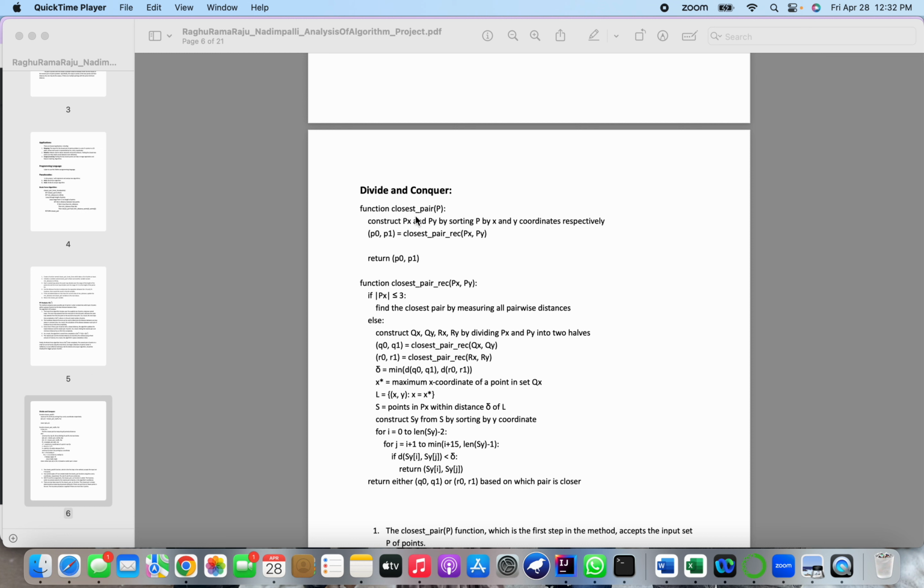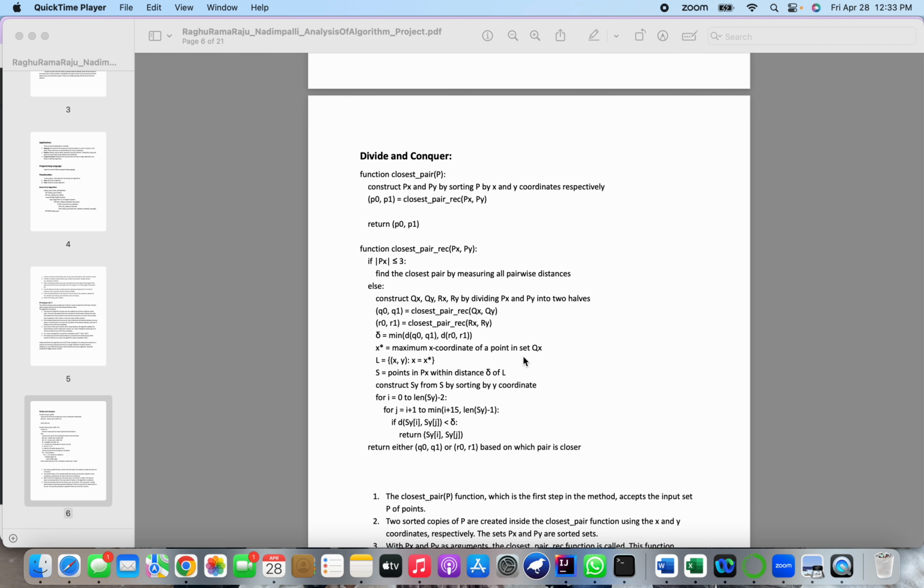After that, we divide the sorted set into two halves with a vertical line passing through the median. So for Px, we divide it into Qx and Rx, and for Py, we divide it into Qy and Ry. After that, recursively find the smallest distance in both halves. Then take the minimum of the two smallest distances found in the previous step, and we call it delta.